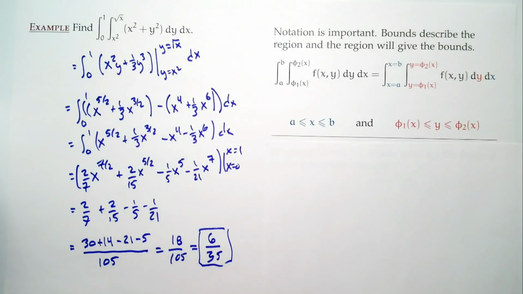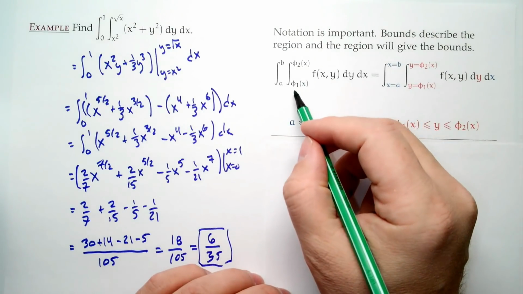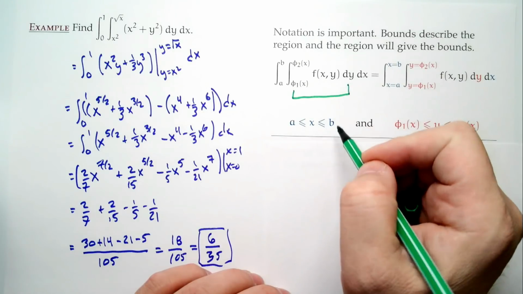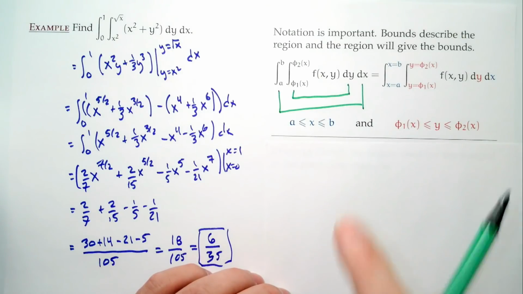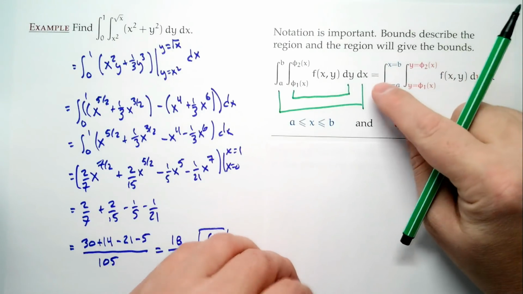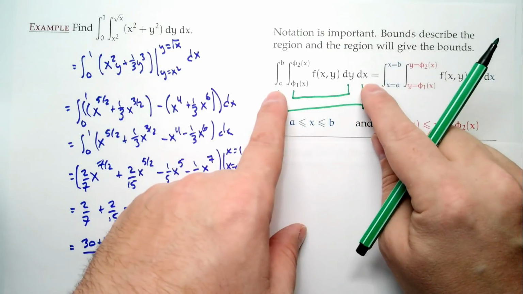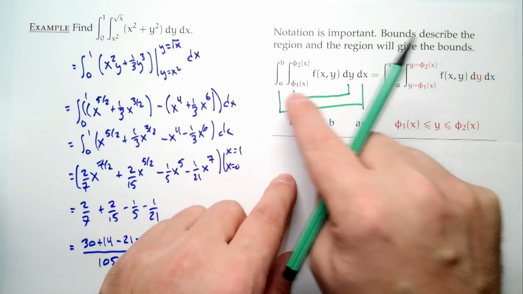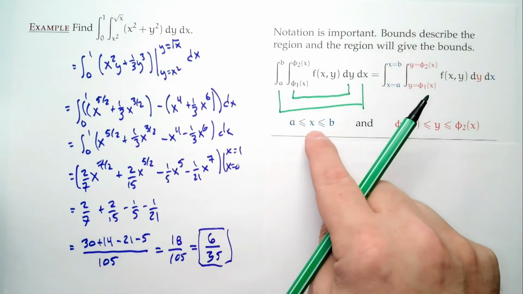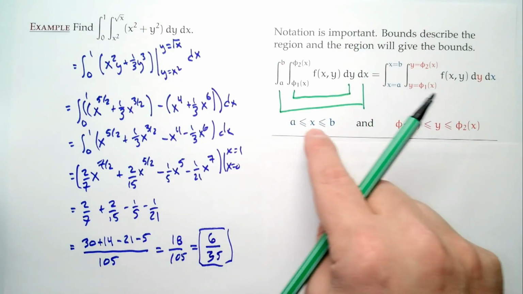So as before, the inside integral goes with the inside variable, and the outside integral goes with the outside variable. So when we're reading this, we can say, okay, this outside integral goes with the x. So when I see a to b, that really tells me that x is going between a and b.